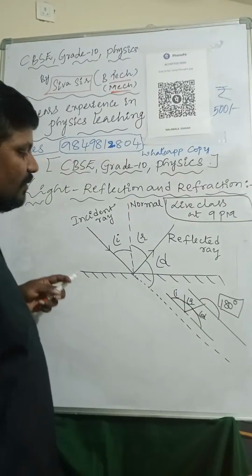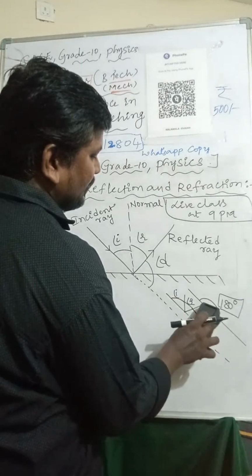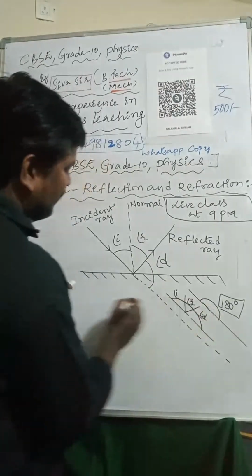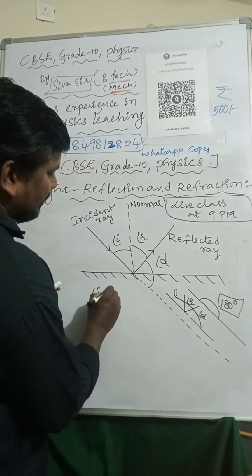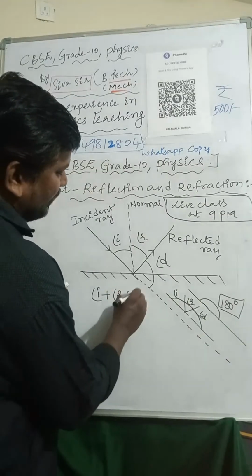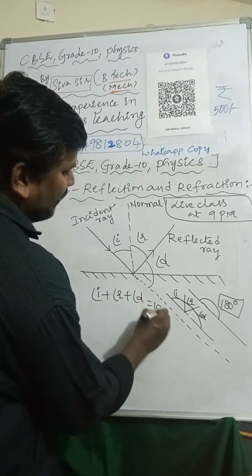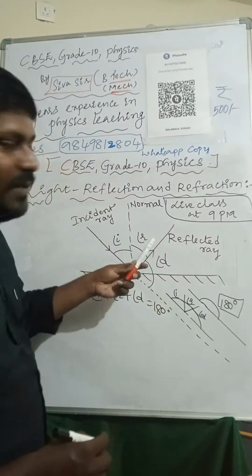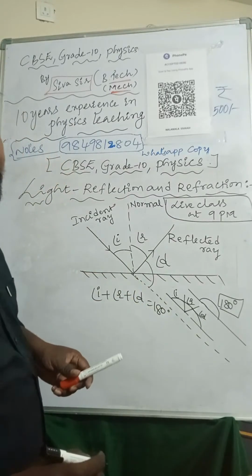In the same case, you can observe that the angle of incidence plus the angle of reflection plus the angle of deviation is equal to 180 degrees.